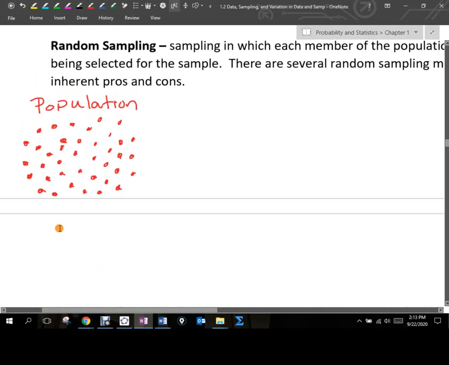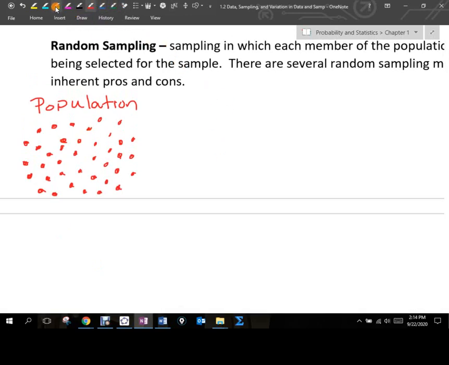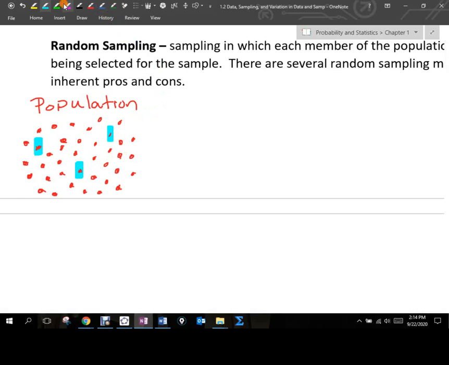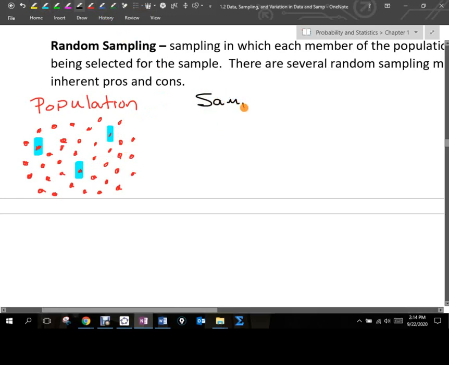In random sampling, the idea is if I've got this population, let's say, now you probably wouldn't choose this many things to be in a sample out of a population like this, but let's say I choose randomly that object, that one, and that one, and they become a sample. Okay, so I'm going to come over here and write sample. I'm going to call it sample 1 and put those 3 things in it.